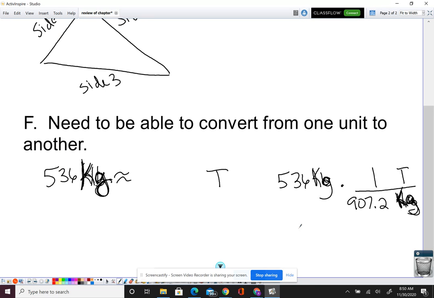And I get 536 kilograms is approximately 0.59 tons. Where is this rounded to? This is rounded to the nearest hundredth. That's the other part of the conversion, knowing your place value so that you can round to the correct place. Does that make sense?